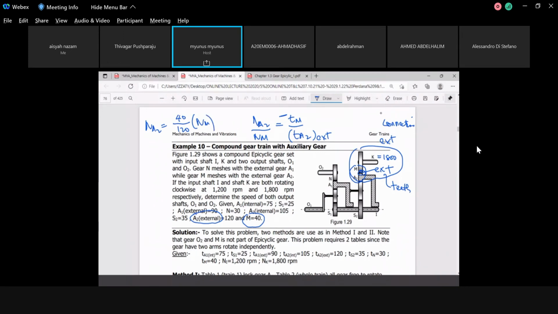But remember, Nm is equal to Nk, because it is carried by the shaft key. So Nm is equal to Nk, which gives you 1800, put it there in negative. So 1/3 of 1200, you'll be getting negative 600.